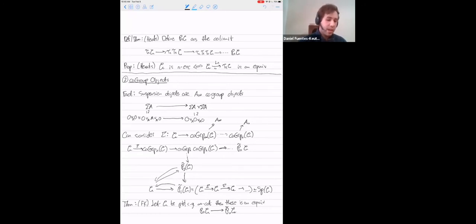So I think this is cool because this thing that I just called Pn tilde of C, I just described as a bunch of AN cogroup objects, whereas Pn of C is really built to look like a Goodwillie calculus object. And it turns out that these two constructions are equivalent.